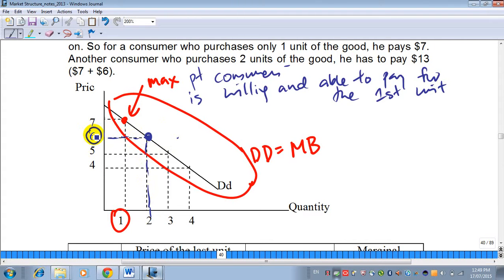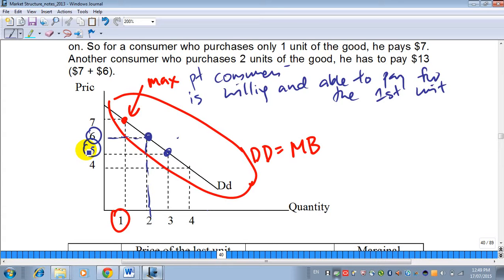And this is due to the law of diminishing marginal utility. You get less and less benefits from each and every extra unit of chocolate cake you consume. By the third unit, you find it pretty disgusting. So the marginal benefits fall further, and the maximum price you're willing and able to pay for that would be $5.